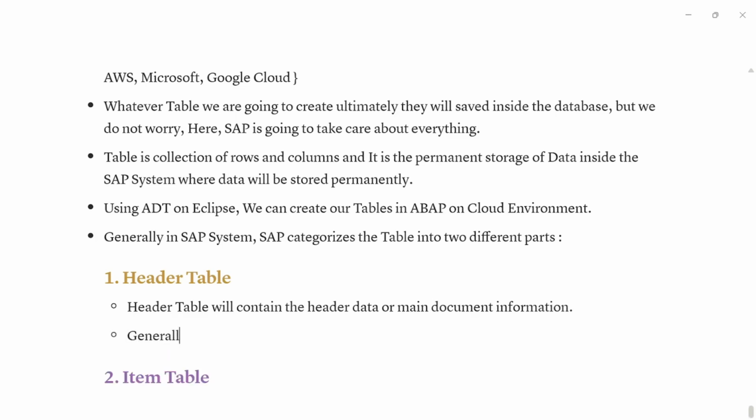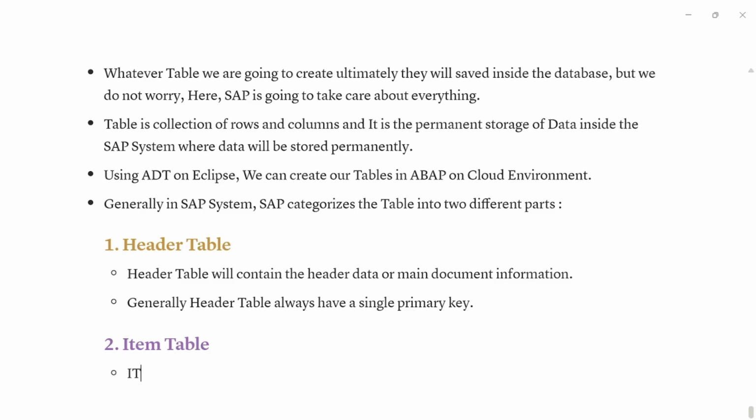Generally, a header table always has a single primary key. And the item table contains the line item data of the system, or I should say, of the module in which we are working.